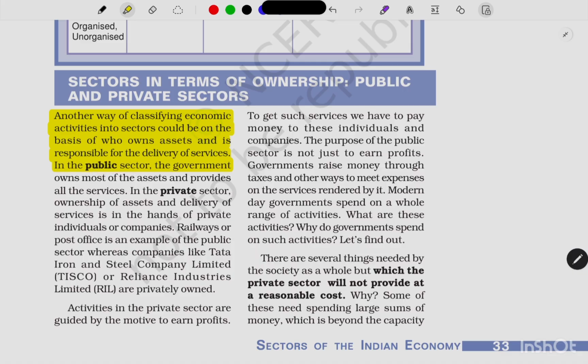So, in the public sector, the government owns most of the assets and provides all services. In the private sector, ownership of assets and the delivery of services is in the hands of private individuals or companies. Okay?